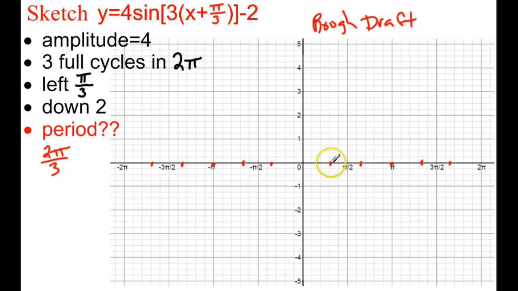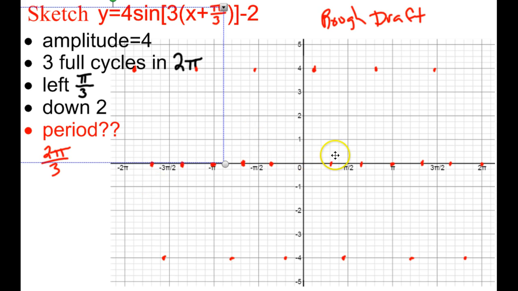And again, this is where my graph has to come back down through and up to this point. So about halfway between there is where my 4 is. Halfway between there is where my negative 4 is. And so on and so on.